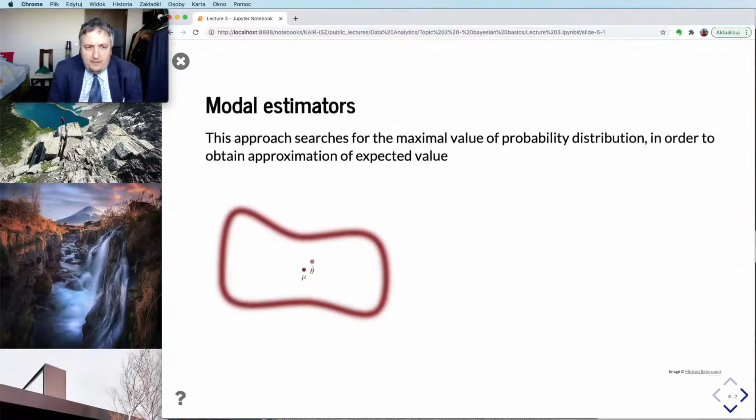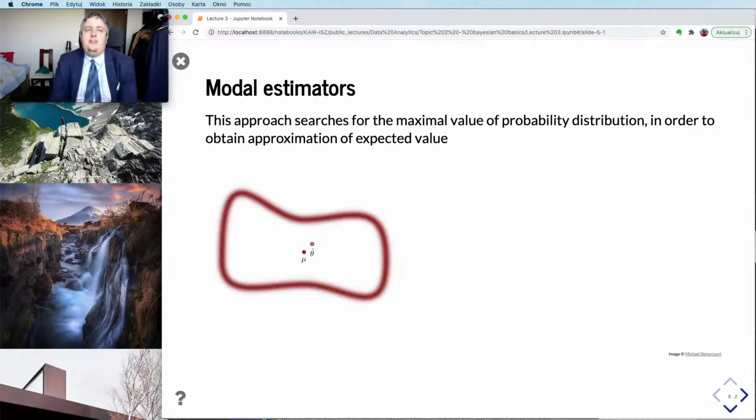Okay, let's start with the staple of frequentist statistics or classical statistics, the mode estimators. Generally, we want to approximate our expected value using the maximum of the distribution. So we want to find a point that corresponds to the maximum of the distribution.